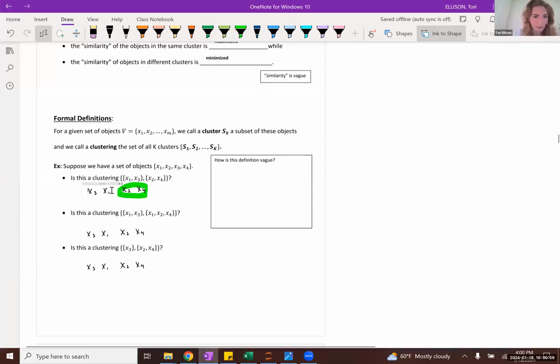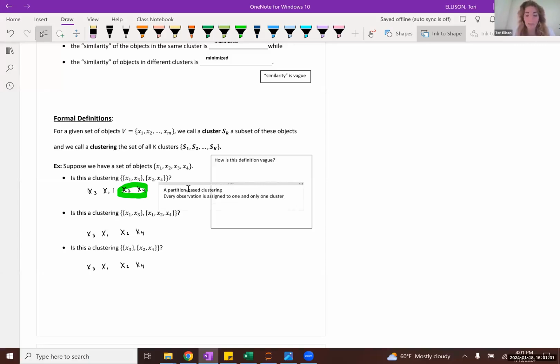I would put these two observations together in a cluster, and these two observations together in a cluster. So we call this specifically a partition-based clustering, in which every observation is assigned to one and only one cluster.